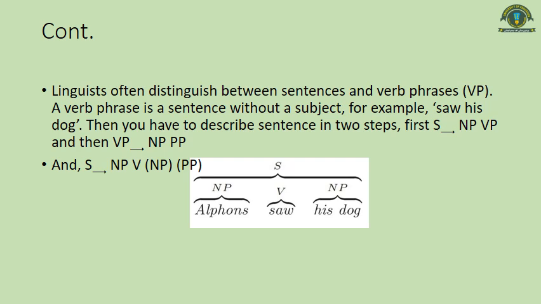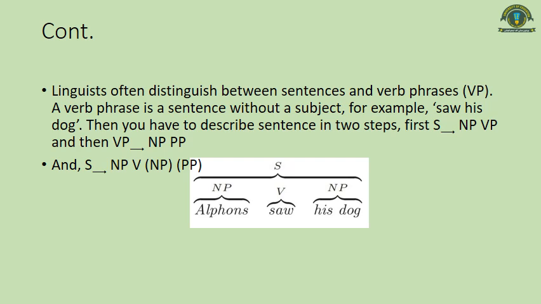In this diagram, the bracketing representation, this rule says a sentence is a noun phrase followed by a verb and possibly some other noun phrase and or a prepositional phrase. For example, Alphonse saw his dog.